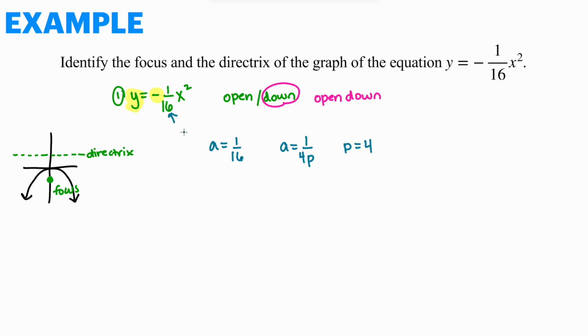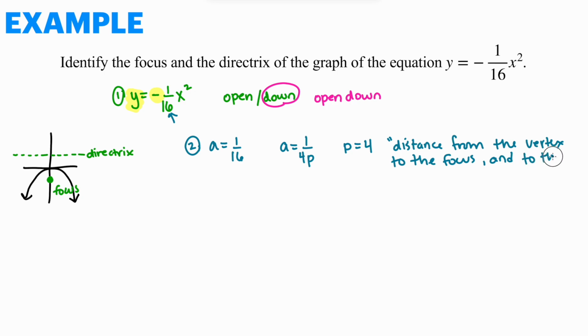So I know that P is 4, because 4 times 4 gives me 16. What does that tell me? That is the distance from, again, the vertex to the focus and to the directrix.